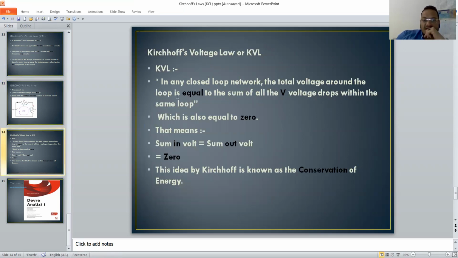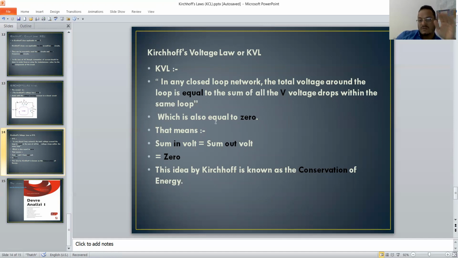And the same idea, but here with the voltage, the V out equal summation Vn, and we will see that in any closed loop network, the total voltage around the loop is equal to the summation of the voltage drops within the same loop, which is also equal 0.